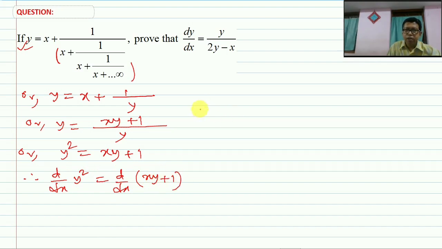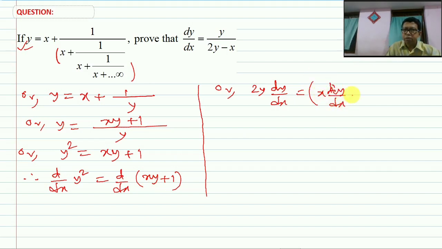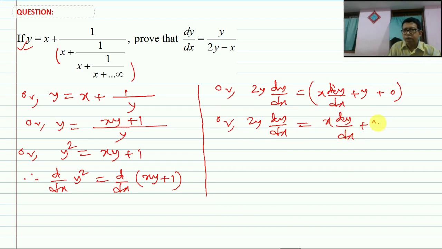Derivative of y squared with respect to x is twice y dy/dx. On the right side, x into y, the UV rule should be applied: x into dy/dx plus y into derivative of x, which is 1, and derivative of 1 is 0. So twice y dy/dx is equal to x dy/dx plus y.